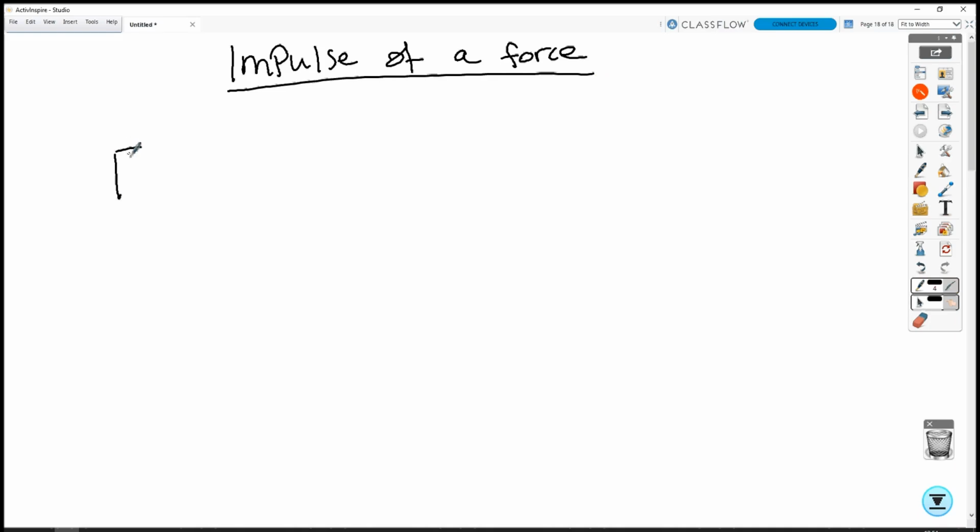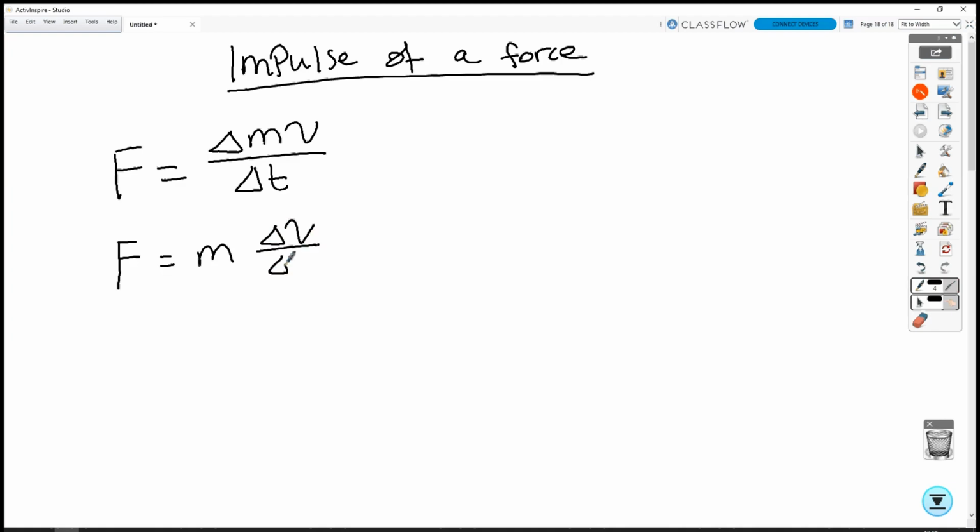So we said that force is equal to delta mv over delta t. Now, mass doesn't change, so we can move it outside of the delta. So F is equal to m delta v over delta t. We know that delta v is just v minus u.